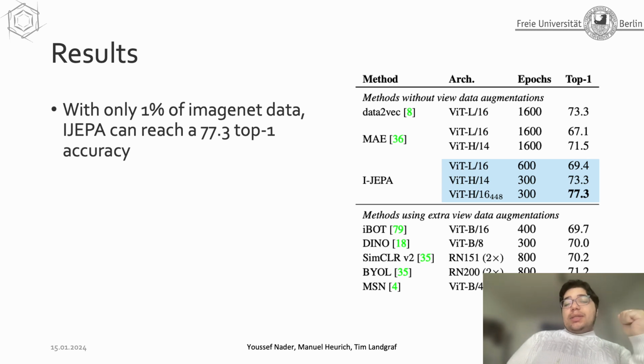With only 1% of ImageNet data, so if you only sample 1% of the images in ImageNet, I-JEPA can still reach 77.3 top-1 accuracy on ImageNet, which is quite impressive, especially compared to other methods that are not using data augmentation.